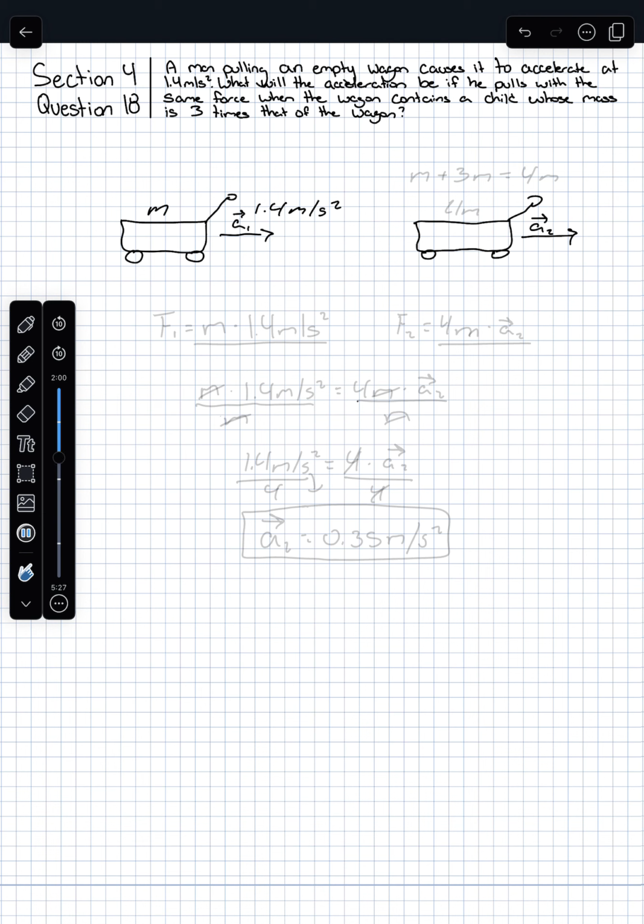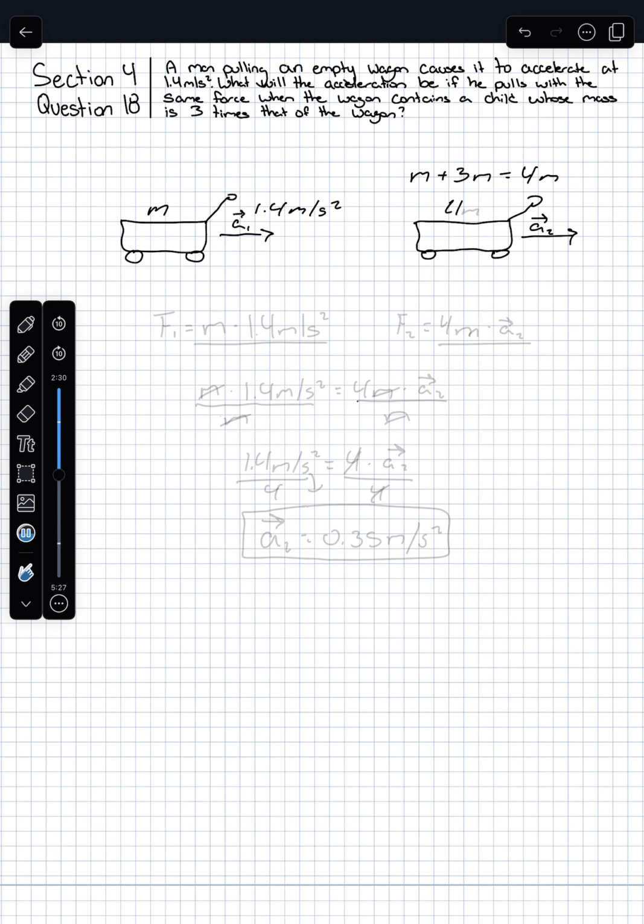Now, to figure that out, we need to figure out the mass of the wagon with child. So we know that the child weighs 3 times that of the wagon. So we have the initial mass plus 3 times that mass, which will give us 4 times the mass.